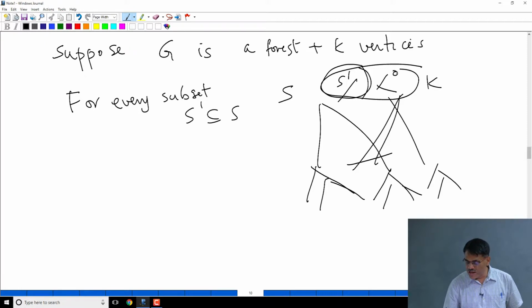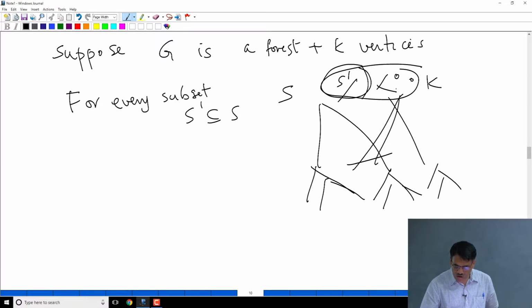If I have an edge like this, only one of these points can cover it, but I have already made my choice of the intersection of my minimum vertex cover with S. If there is an edge here, then this choice is wrong, move on to your next choice. So, until I get a choice of S prime where this is independent, S minus S prime has no edges.